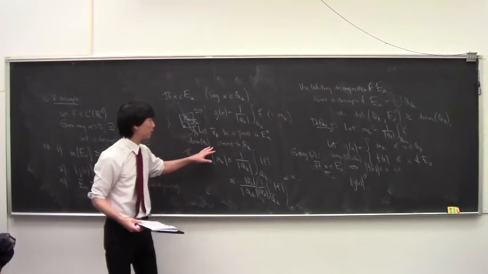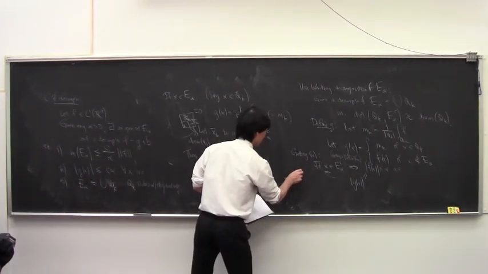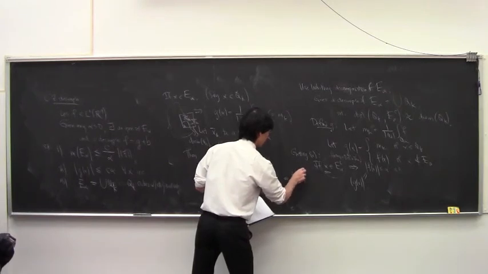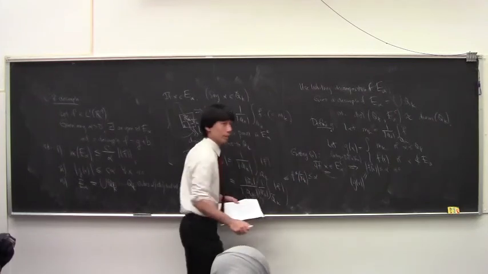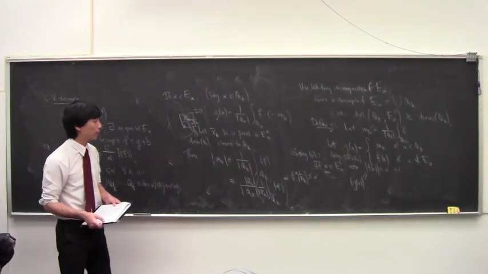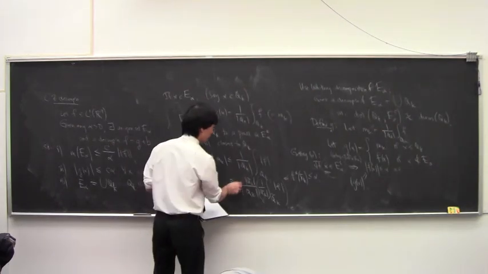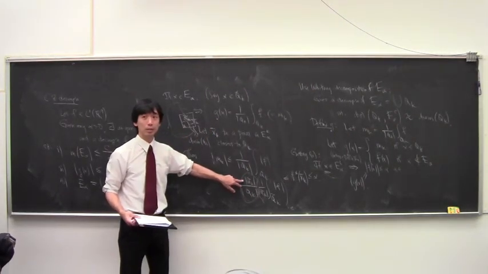Because this is controlled by f star of x k bar, which is smaller than alpha. But this ratio here is controlled by some constant.